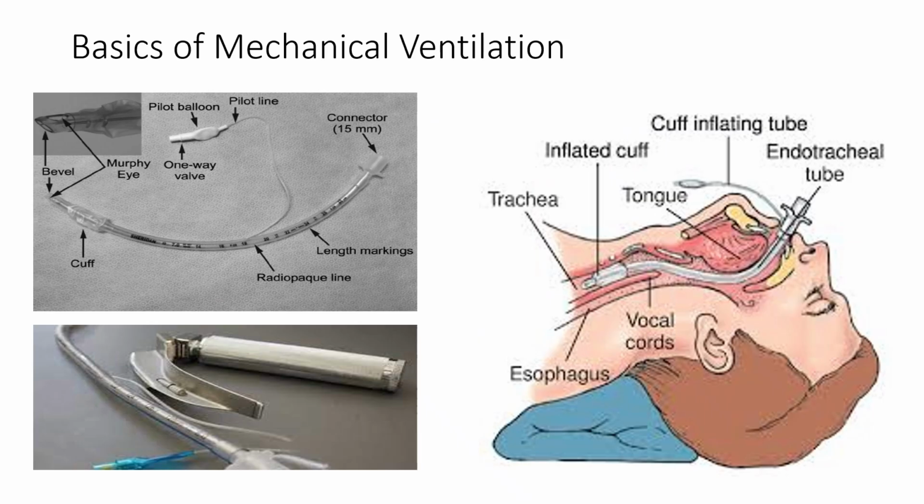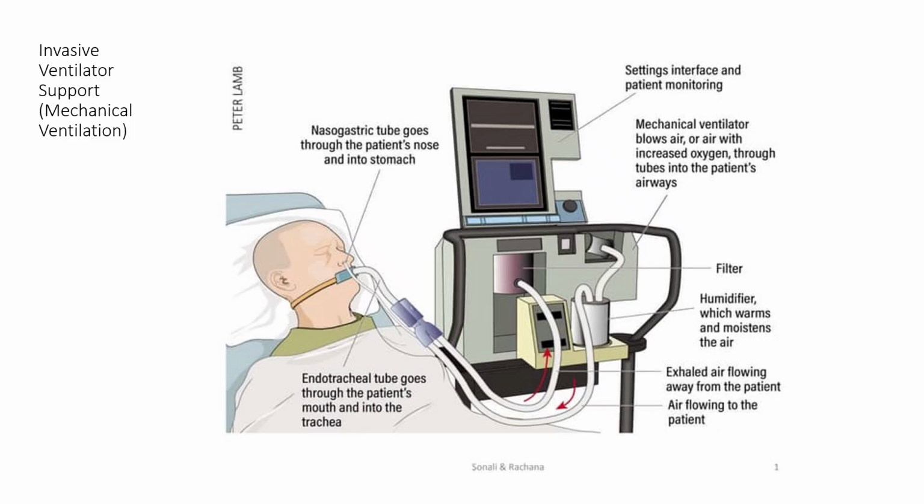And just to reiterate that information from Module 1, invasive mechanical ventilation is going to be achieved through the insertion of a tube, usually through the patient's mouth or nose, and it is going to extend into the trachea. That is intubation. And the endotracheal tube is going to be connected to a ventilator circuit, which is going to allow us to deliver air and oxygen directly into the patient's lungs.